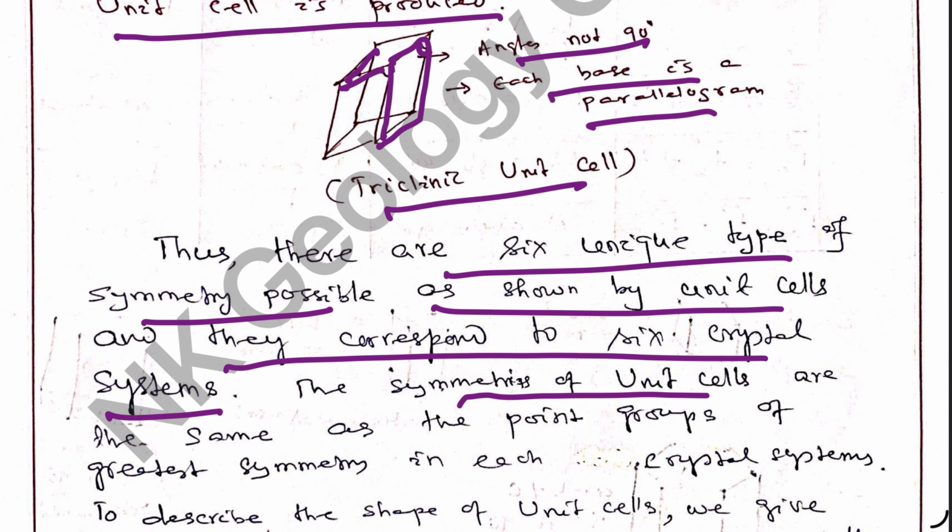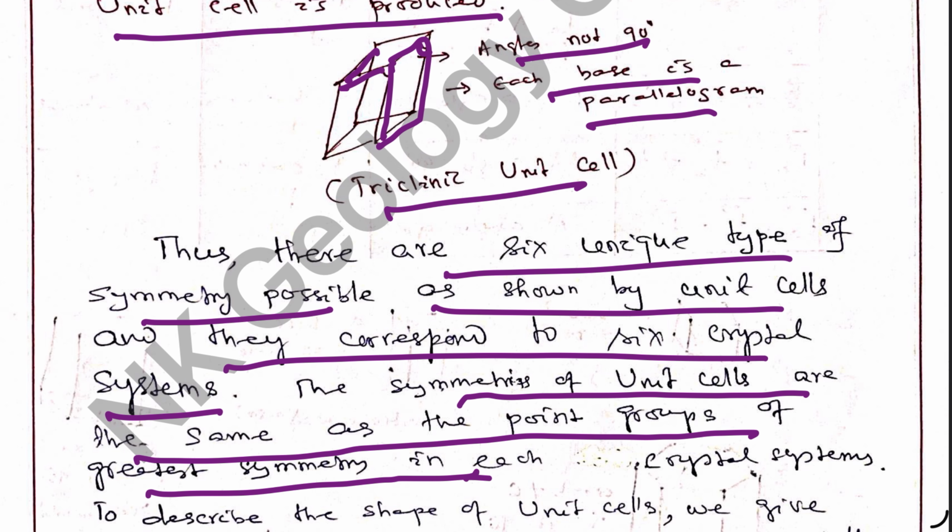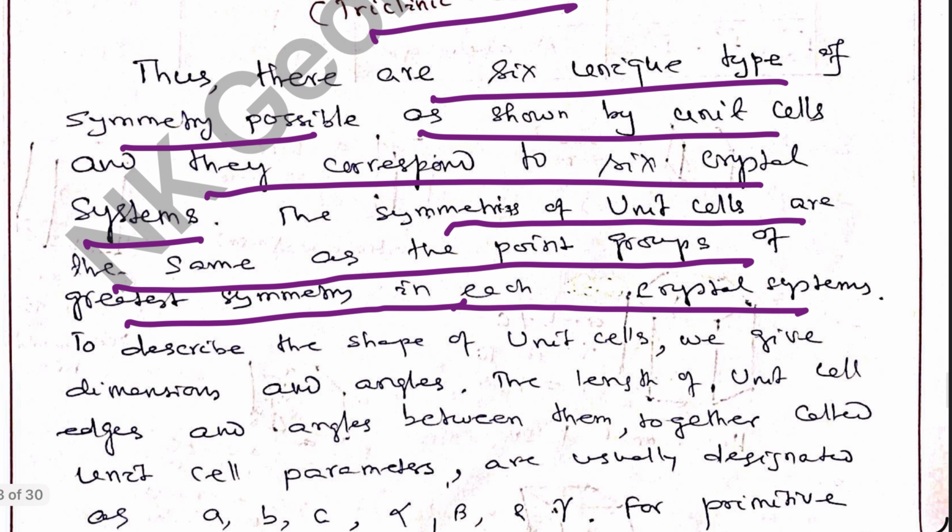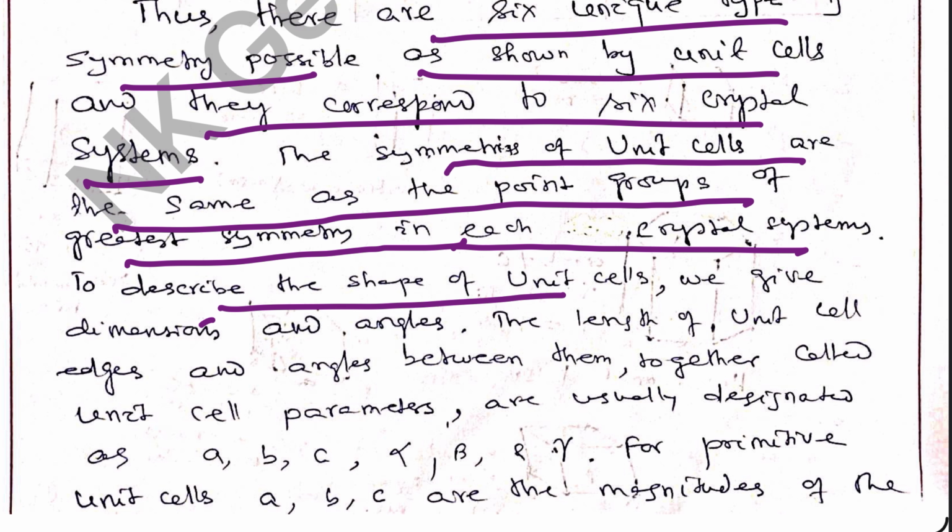The symmetries of unit cells are the same as the point groups of greatest symmetry in each crystal system. To describe the shape of the unit cells, we give dimensions and angles.